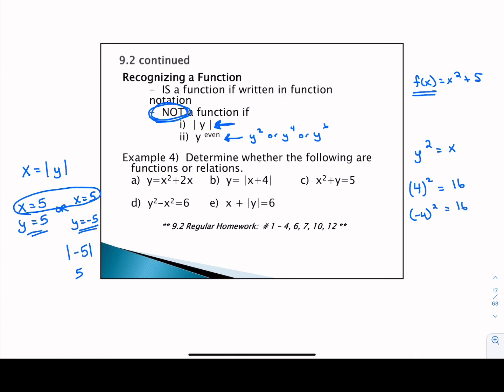That gives me 16 as well. So if you consider that the right side of the equation is my x value, and the left side in that brackets is the y value, my x value of 16 corresponds to two different y values. It could be positive 4 or it could be negative 4. So once again, the same x maps to two different y's. So if you see y to an even power or the absolute value of y, you are going to have a relation instead of a function.